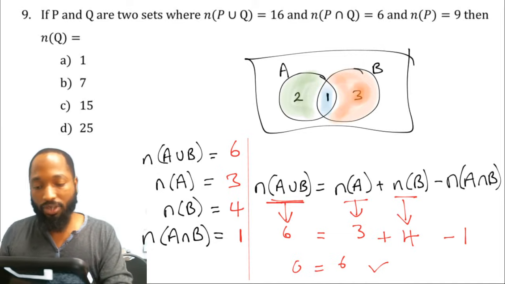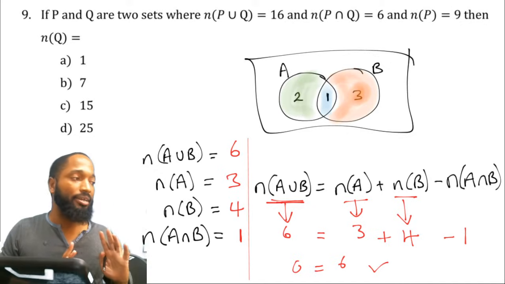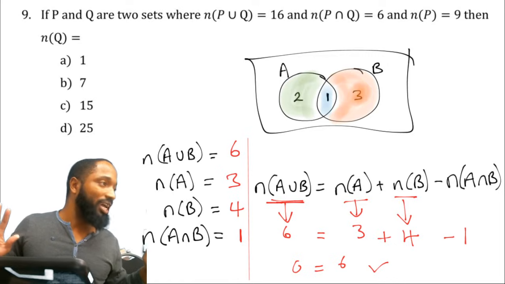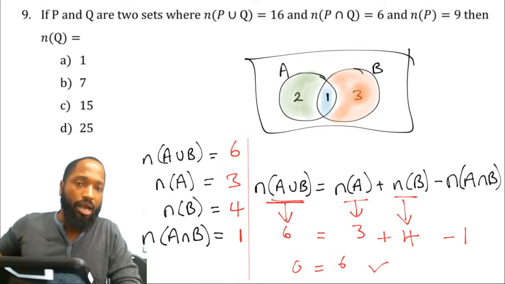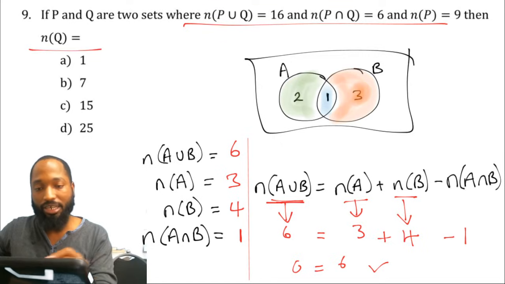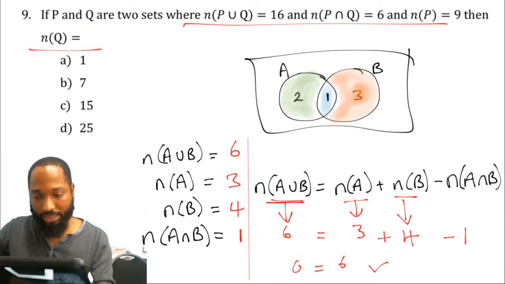That's how you get the formula. This is the formula you need to use when you have these kinds of questions, and you'll be able to solve them very quickly. So let's take this formula and see if you can apply it to our question.